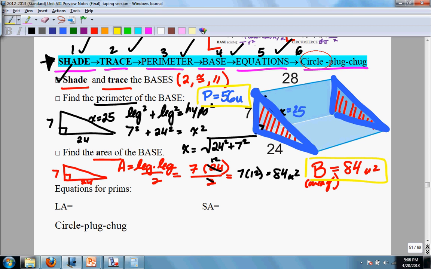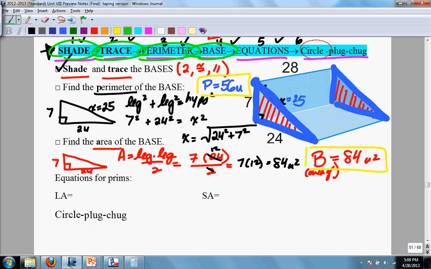We're 3/4 of the way there. Shade, trace, perimeter, base. We're right here. Now we want to find the lateral area and the surface area.